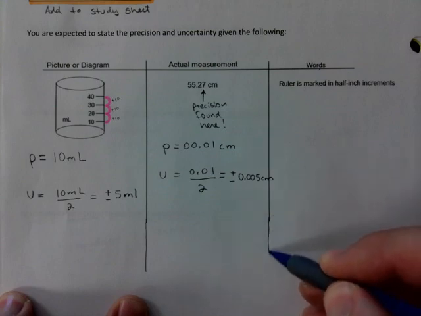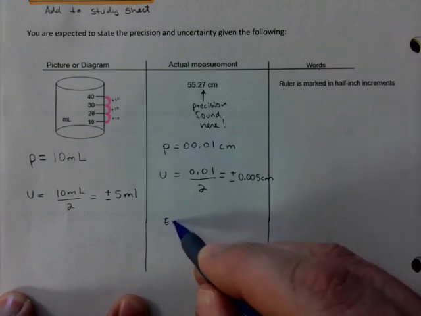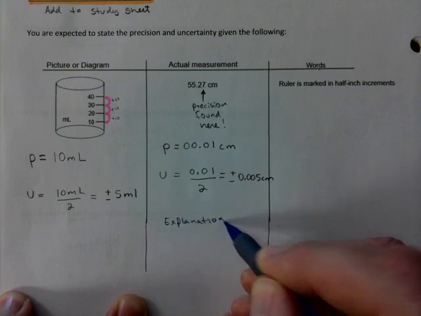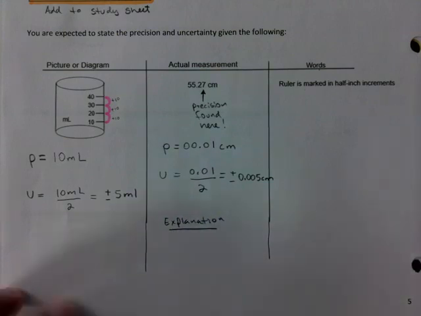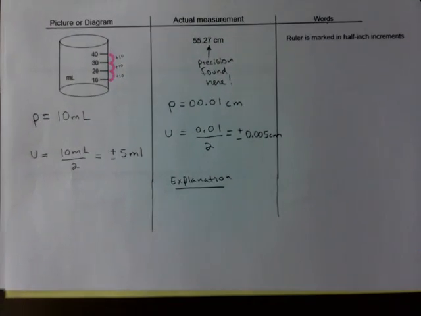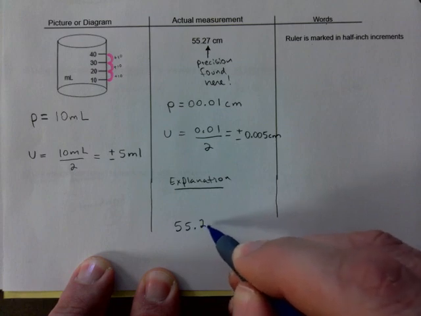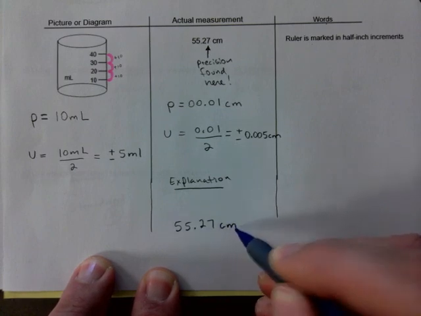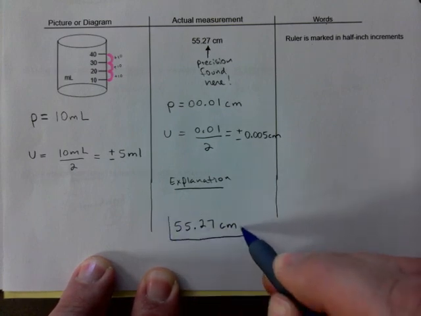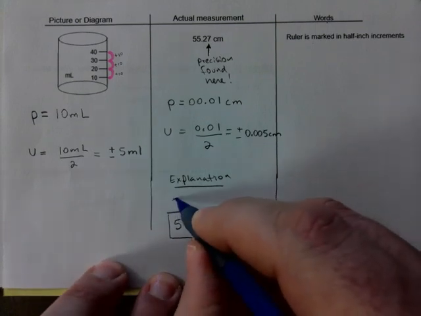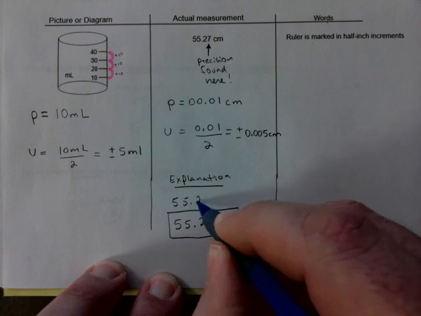Extend this. And I will explain. Explanation. If this is the number that I read off of the measuring tape, or whatever device I use, this is the number that's on my screen. If this item had been just a little bit longer, it could have been 55.28.